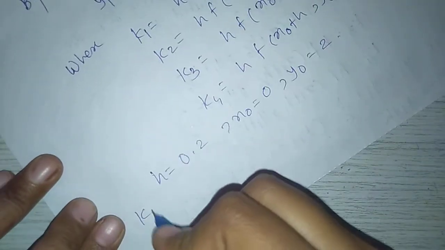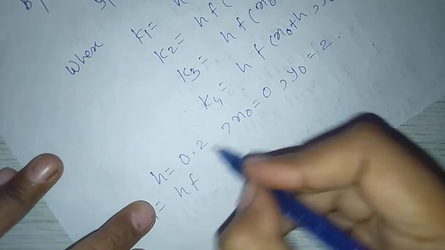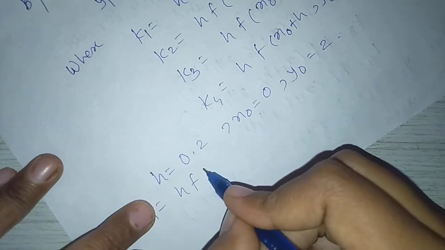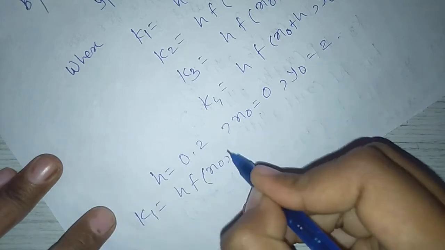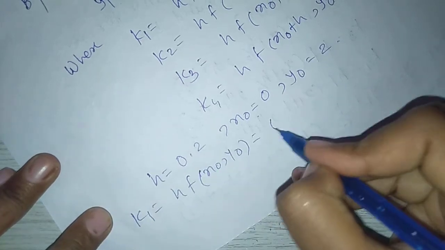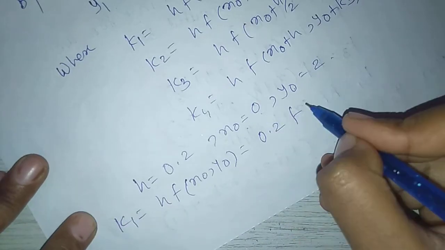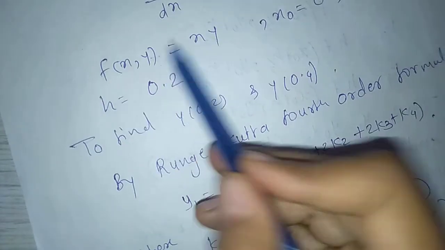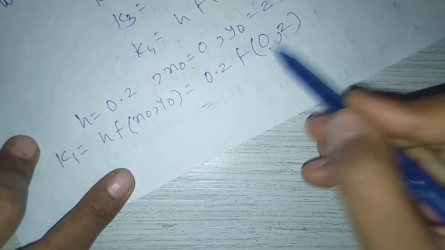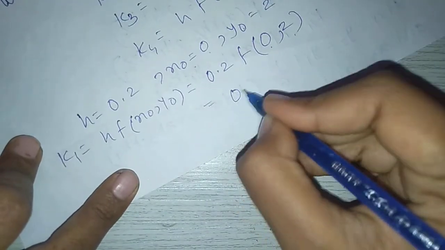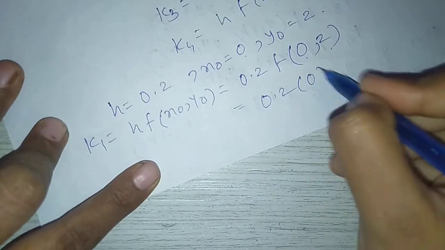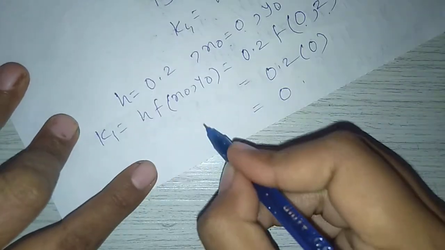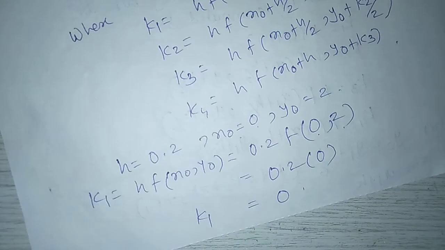So k1 equal to h f of x naught, y naught, equal to h is 0.2, f of x naught is 0, y naught is 2, and f of x, y is x into y, means 0 into 2 is 0, 0.2 into 0 equal to 0. So k1 equal to 0.